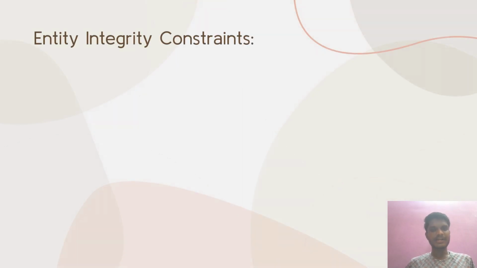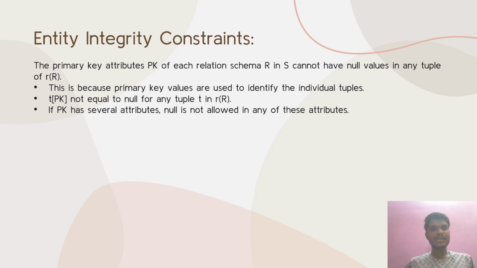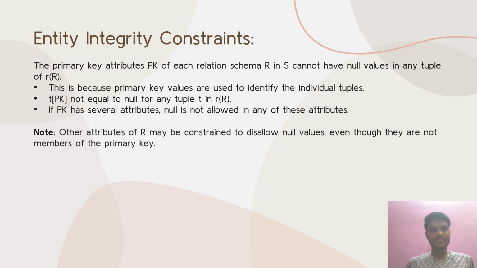Next, entity integrity constraints. The primary key attributes of each relation schema R in S cannot have null values in any tuple of the relation. This is because primary key values are used to identify the individual tuples. T of primary key not equal to null for any tuple T in a relation R. If the primary key has several attributes, null is not allowed in any of these attributes.